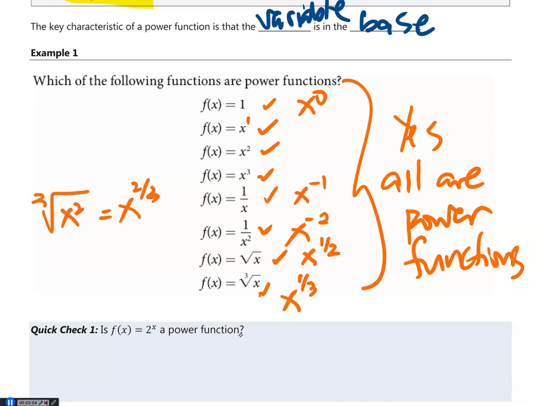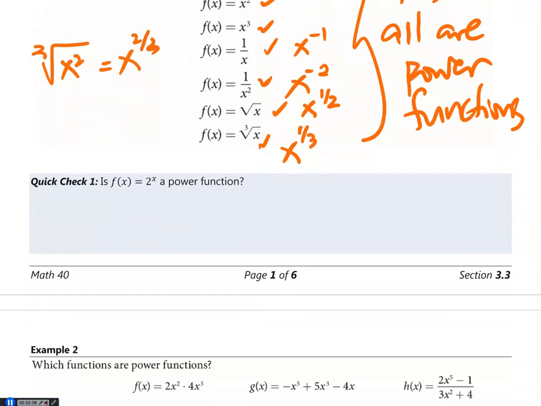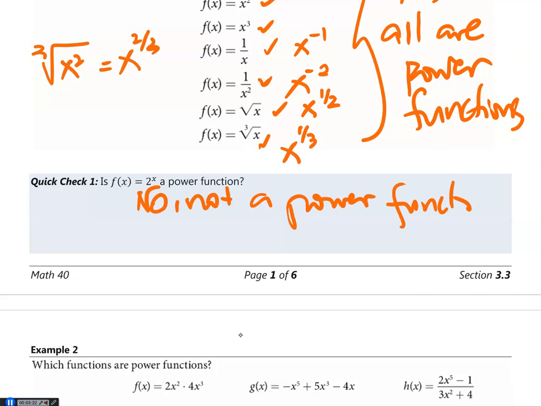Okay, how about the next example here? Is f(x) = 2^x a power function? No, it's not a power function. Why not?